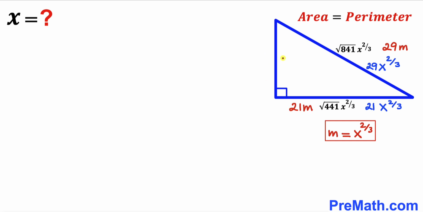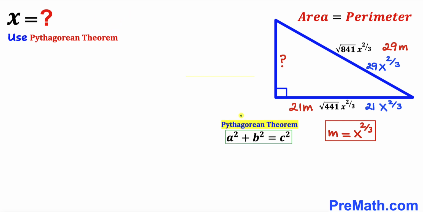And now let's calculate the height of this blue triangle. We are going to use the Pythagorean theorem: a square plus b square equals c square. Let me call this longest side c, this side lowercase a and this lowercase b.